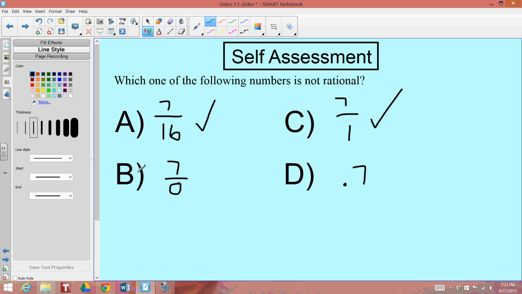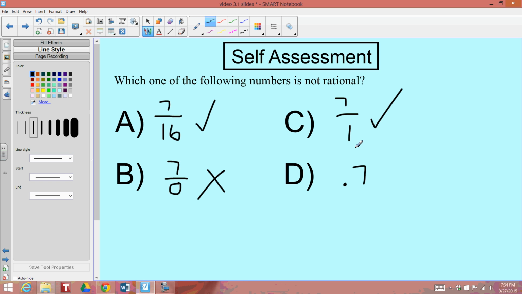Let's look at B. B is 7/0. 7 divided by 0. Well, that doesn't give me 7. It gives me a whole different number, which is 0. And I know that 7 is an integer, the numerator, but the denominator is 0. And I know it can't be rational if the denominator is 0. So right away, I know this is not rational.